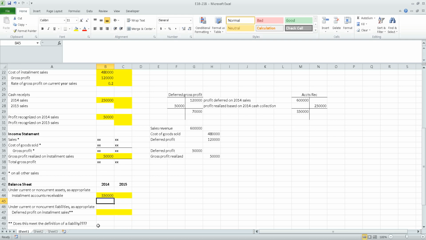And then under liabilities, we're going to report the balance in this deferred profit account, which we calculated to be $70,000. That would be classified as either current or non-current, depending upon the portion of the receivables that are due and payable over the course of the next 12 months.